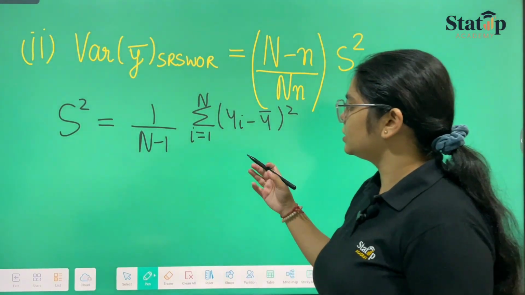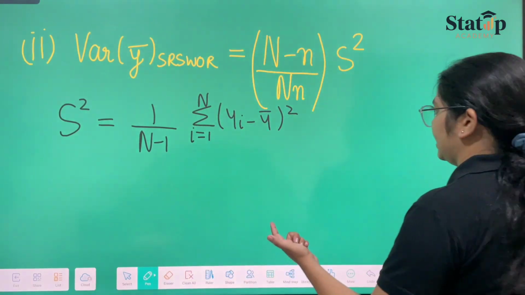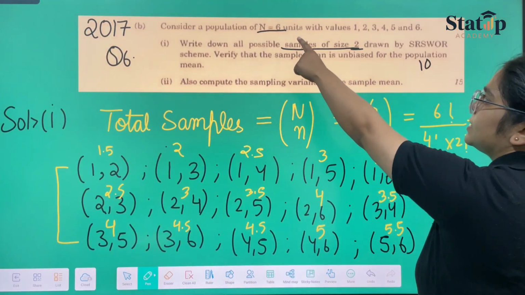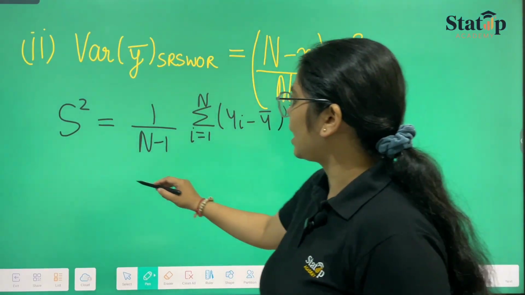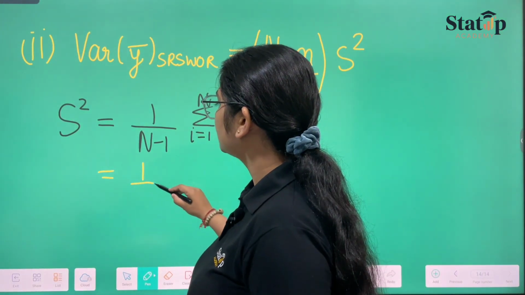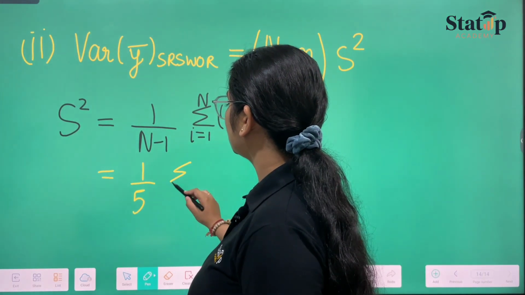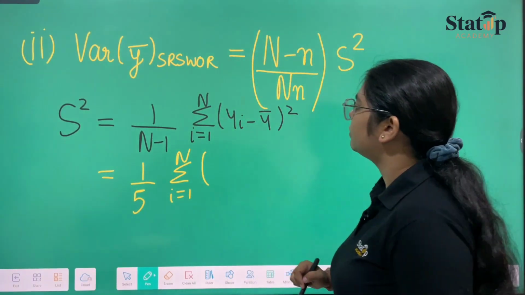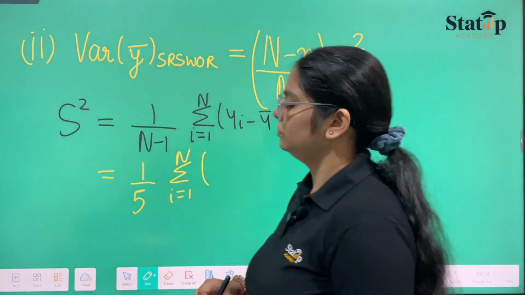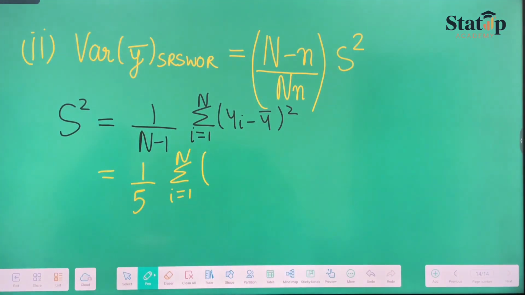In order to calculate this, we have to go back and see capital N. Now y bar we all know. Capital N is 6, so it will be 1 upon 5, summation i goes from 1 to capital N, yi minus capital Y bar.